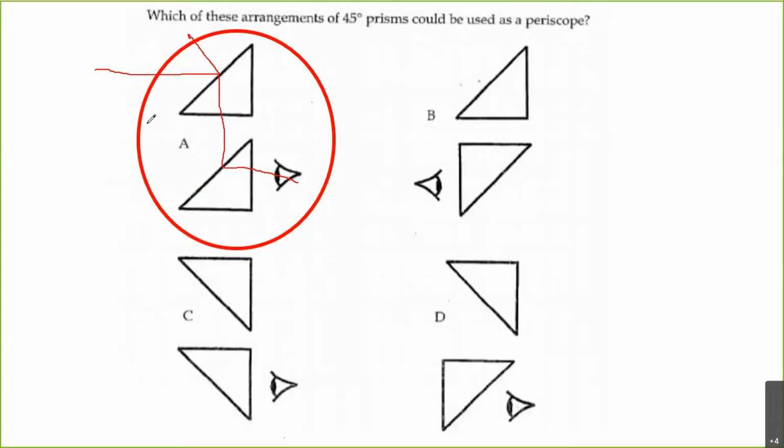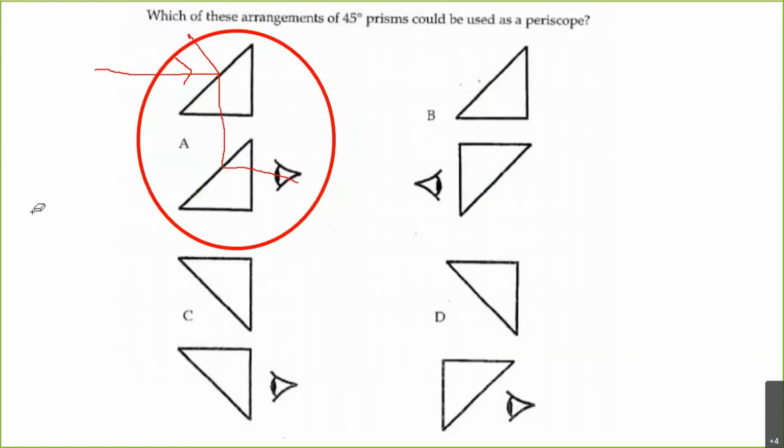Yeah, sorry, that's how this is supposed to be, not the other way around. The light has to go into the eye. Yeah, we have to be striking the 45-degree surface in order for us to get that effect. We can't be striking the plane surface. Sorry about that.